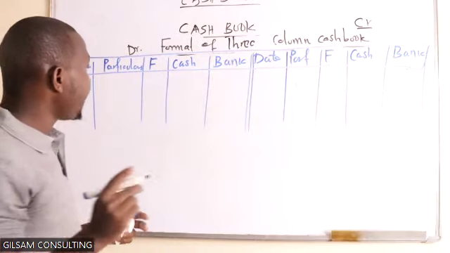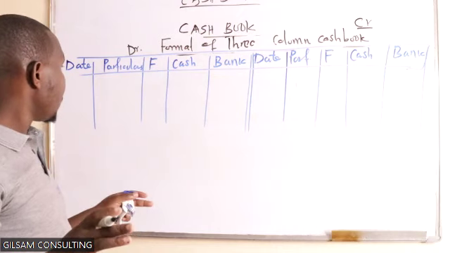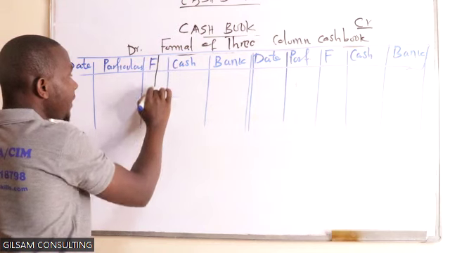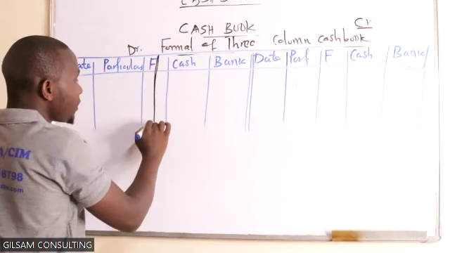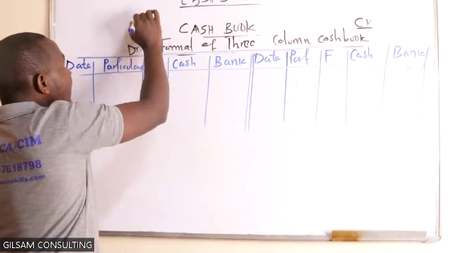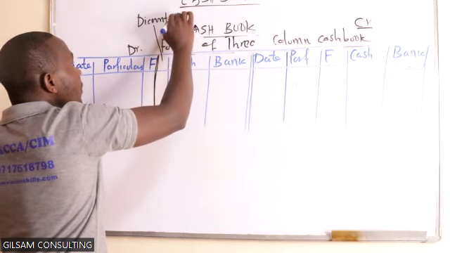You draw a new one, but now I will introduce another column here. This column, you call it discount allowed.